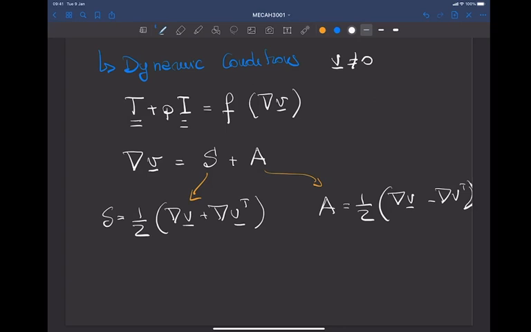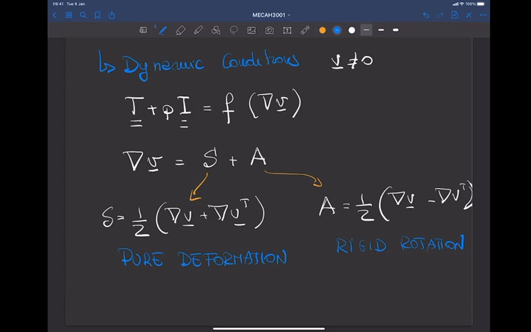And so it's very simple to show that this symmetric part is responsible for a pure deformation, while the antisymmetric part is only responsible for what we call a rigid rotation.